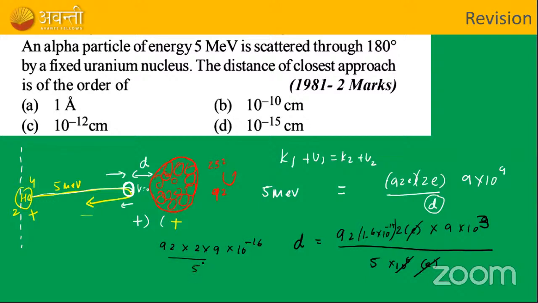So 5 ones are 5, approximately 2 twos are 4. 4 into 90 gives me 400, approximately 400 into 10 to the power of minus 16 is what I get. Okay, am I clear? Did I make any mistakes? I hope not. Let us take the 2 zeros and cancel 2 zeros. I get approximately 10 to the power of minus 14. So the answer was supposed to be 10 to the power of minus 15. I think I missed a number somewhere.